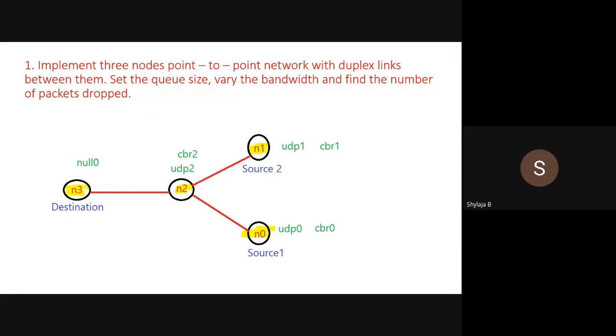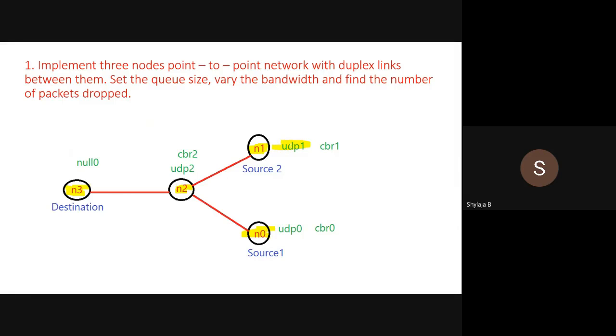Again, after connecting these nodes, we should also create some transport layer agents. At the transport layer, we have two main protocols, UDP and TCP. And here we are using UDP protocol at the transport layer. So, for all the sending nodes, we have to create a UDP agent.